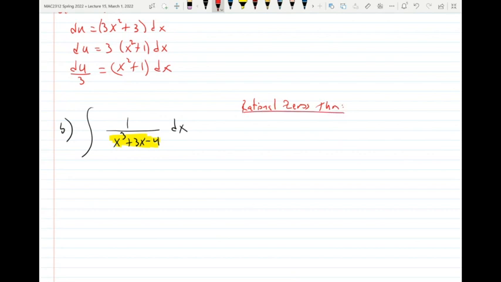Basically, the rational zeros theorem says that if the polynomial is going to have a rational zero, it will come from the following list. The zero is going to be of the form a over b.